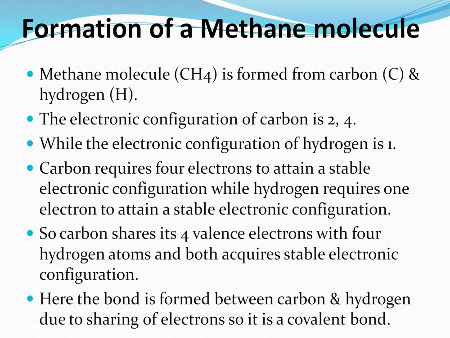So, carbon shares its 4 valence electrons with 4 hydrogen atoms, and both acquire a stable electronic configuration. Here, the bond is formed between one carbon atom and 4 hydrogen atoms due to sharing of electrons, so it is a covalent bond.